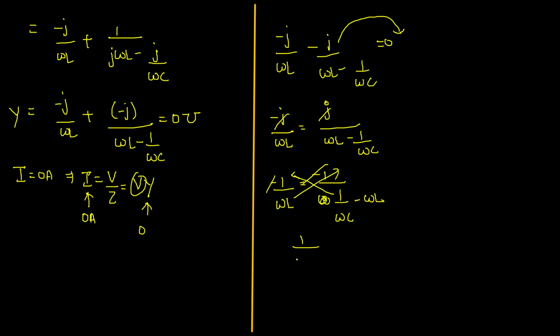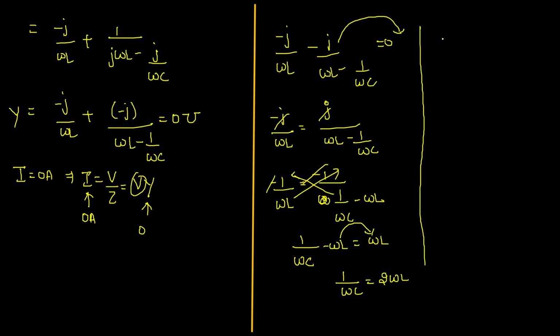So this can be written as 1 upon omega C minus omega L equal to omega L. If you pass this minus omega L to the right side, 1 upon omega C equal to 2 times omega L. So let us reduce this expression further. If you observe, I am having 1 by omega C equal to 2 times omega L.